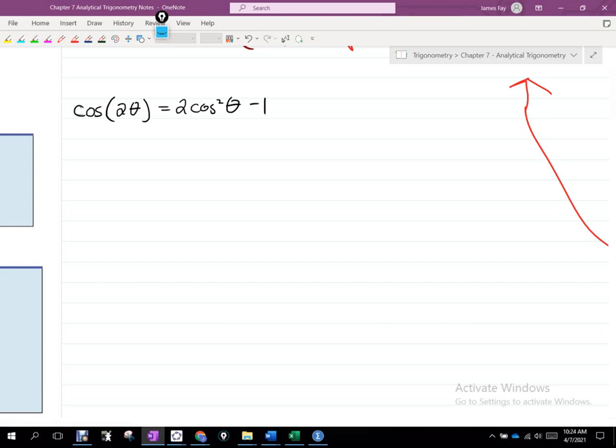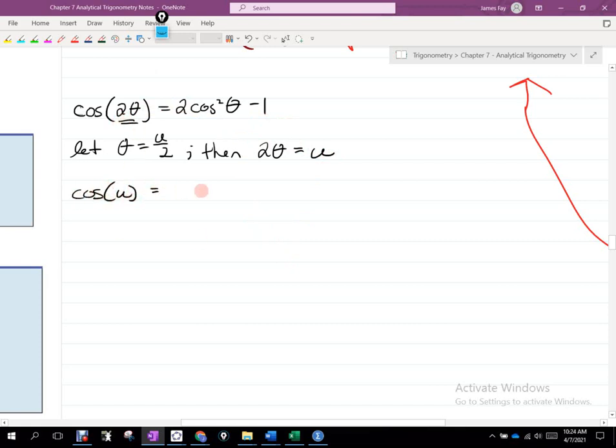And just as before, we're going to say let theta equal u over 2. Then 2 theta ends up being u, right? I can replace that with u, and I can replace that then with u over 2.